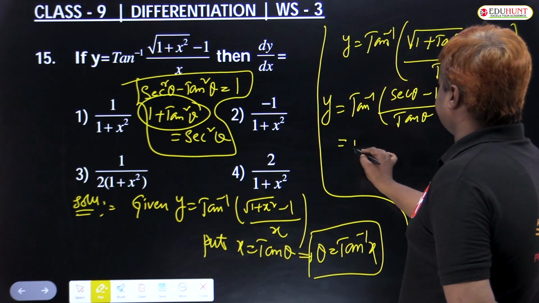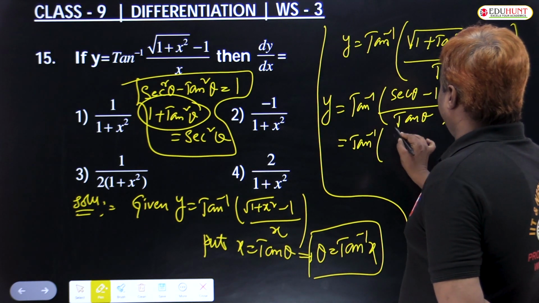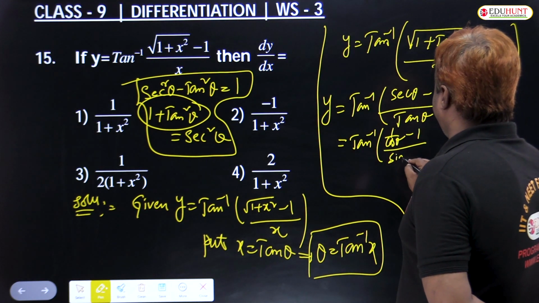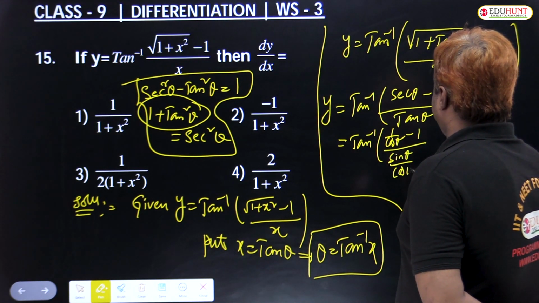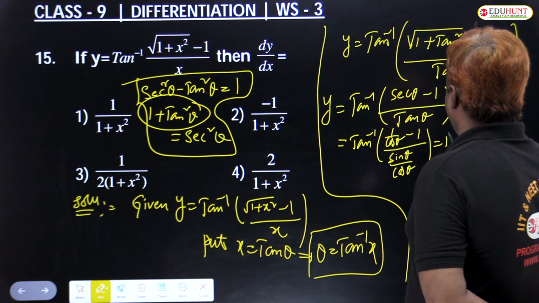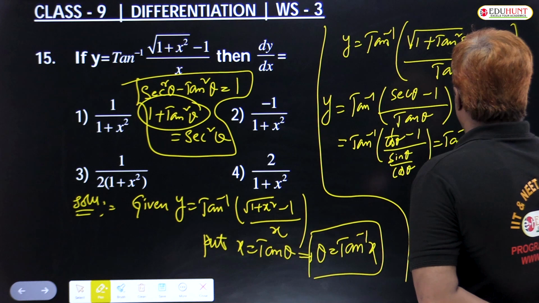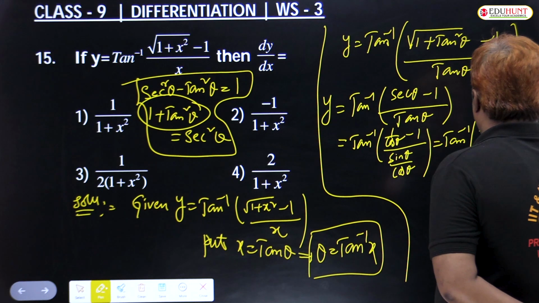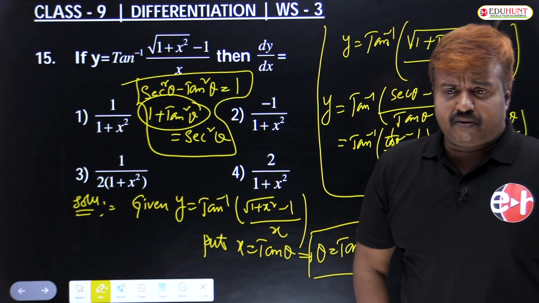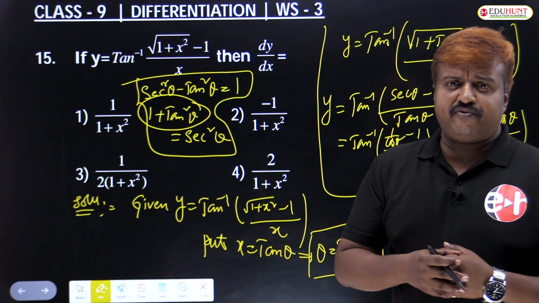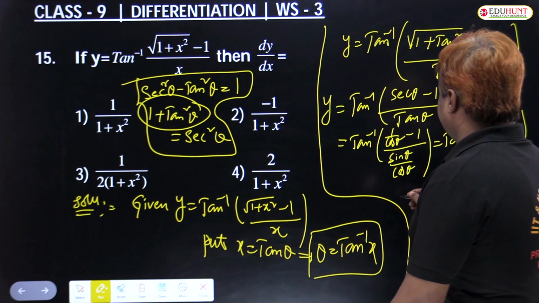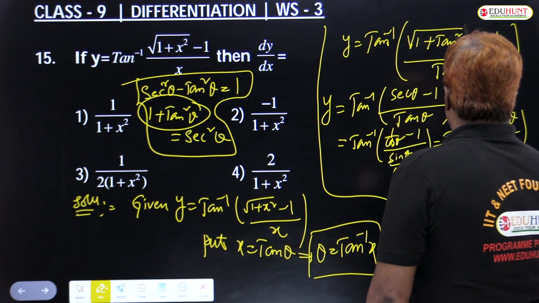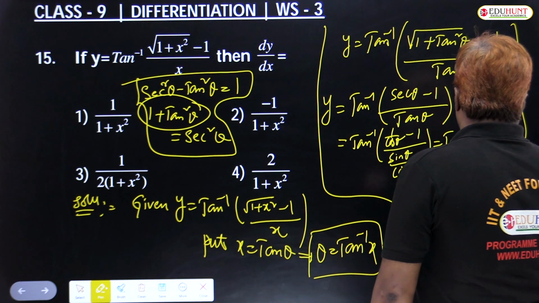So now tan inverse of 1 by cos theta minus 1 by sin theta divided by cos theta. Now that is nothing but tan inverse of 1 minus cos theta by sin theta after taking LCM. So 1 minus cos by sin means tan of theta by 2. Here y is equal to tan inverse of tan of pi by 4 minus theta by 2.